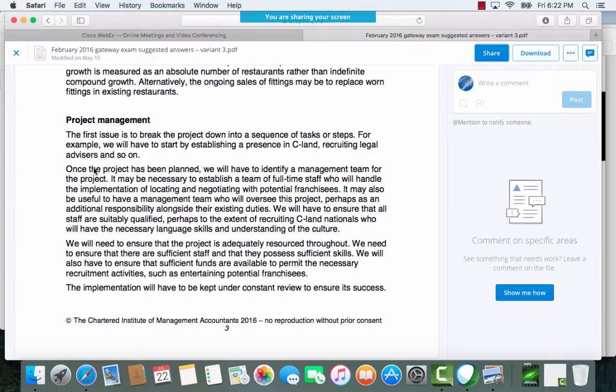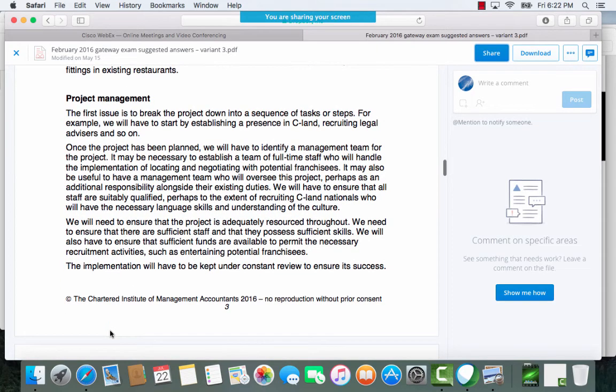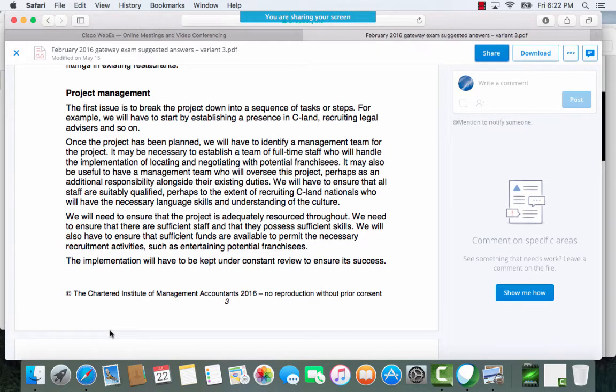Then they talk about the project management issues, right? How do you deal with it? They talk about an established presence in Sealand, recruiting legal advisors, and so on. Then they talk about the team of the project. I think, Trust, you've started writing about it. But now you're working with franchisees, right?